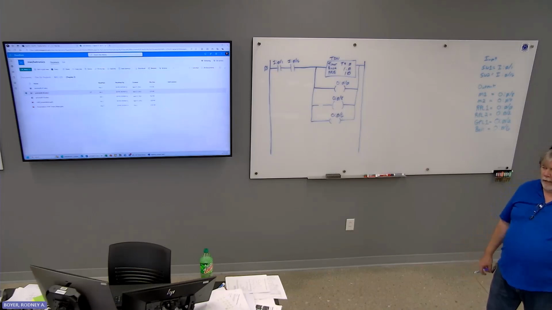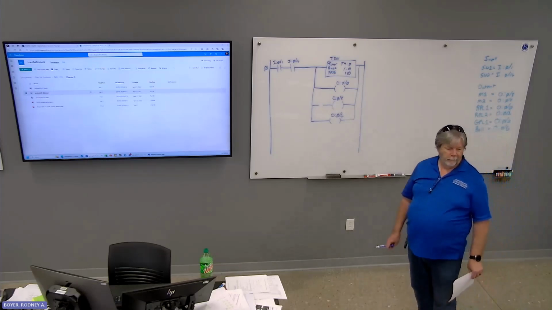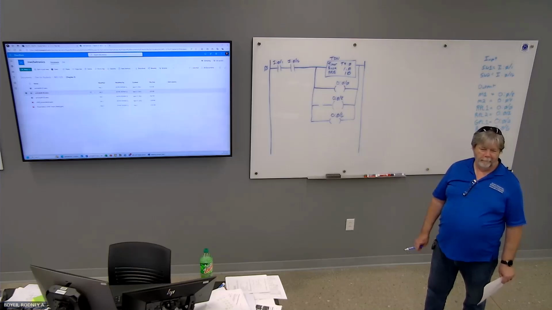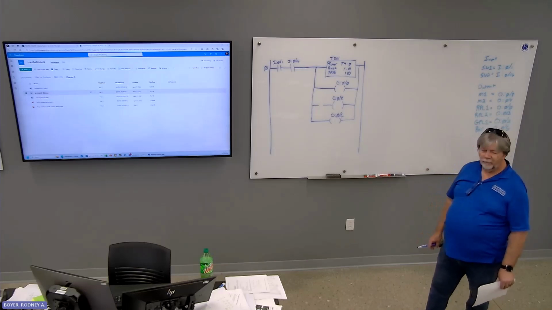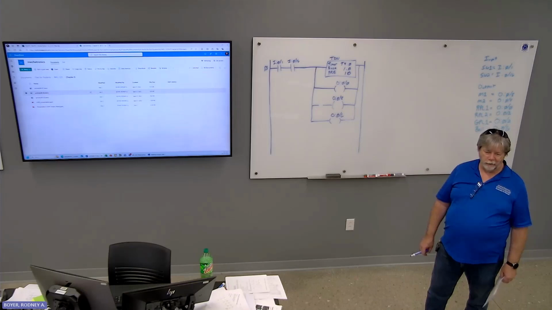Which 3 bits do I have at my disposal? T4:0, okay. Which type of instruction do I want to use? T4:0/DN. So that's the address, what about the instruction?